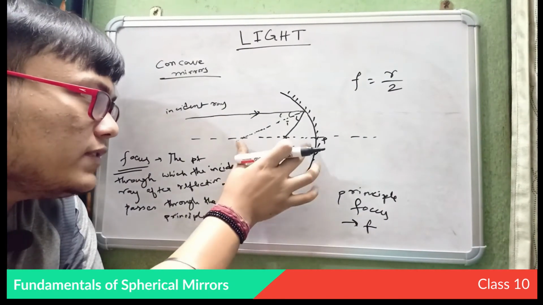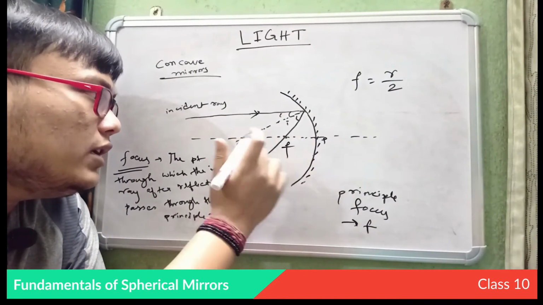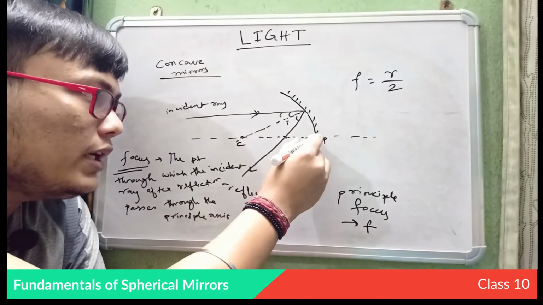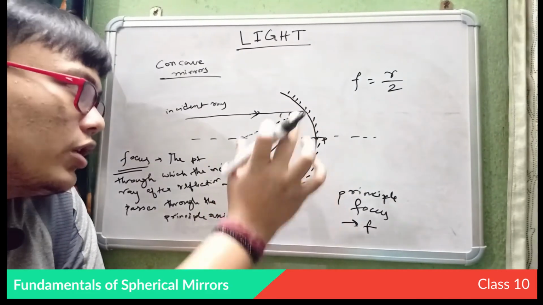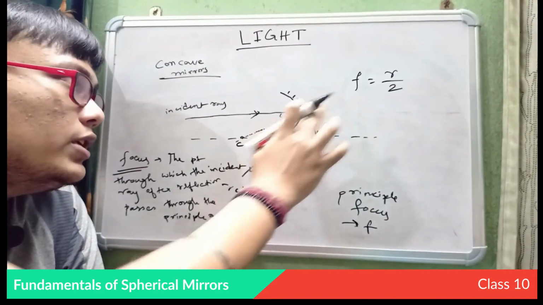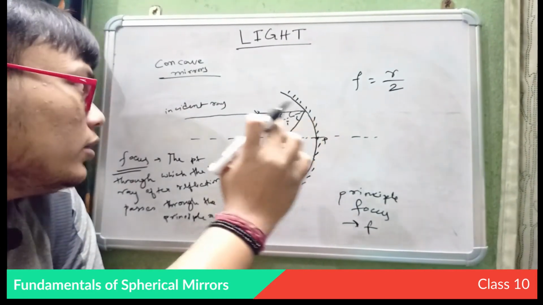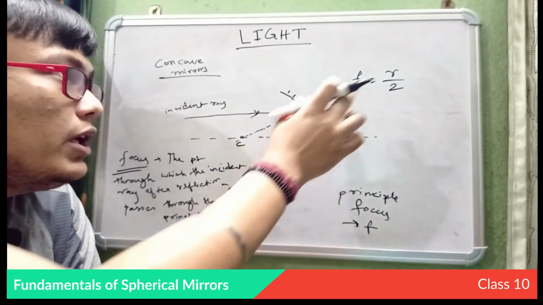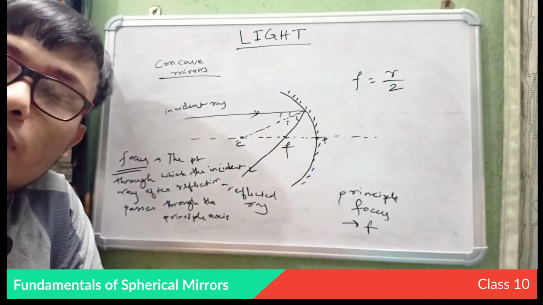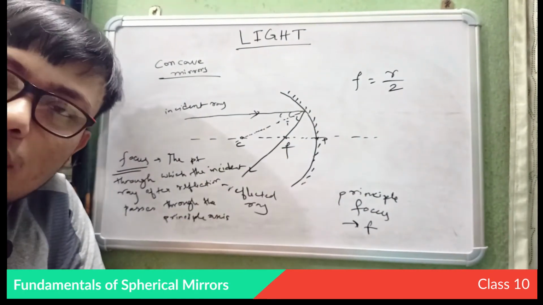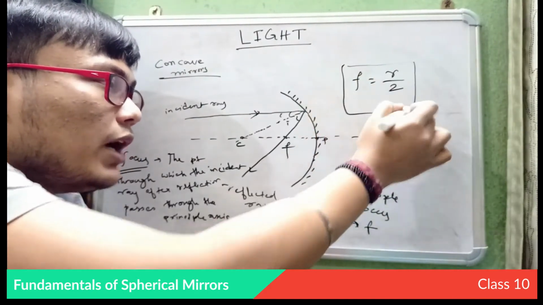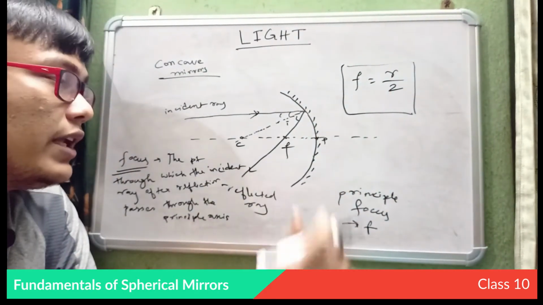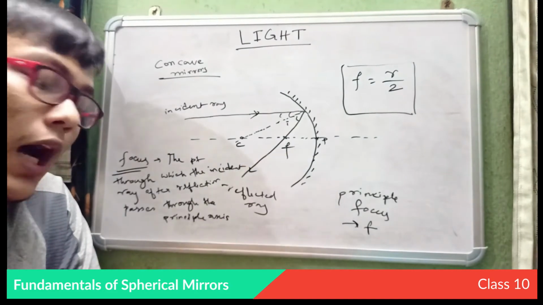The radius will be this distance, right? C, the distance between C and P, right? This is the radius of curvature of the lens or the mirror, and this focal length will be half of the radius. Okay, so this relation you need to keep in mind. This is very important for your exams, and this has been proved that it is half of the radius of curvature.